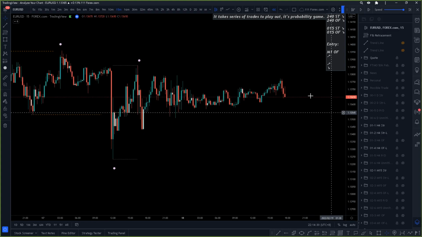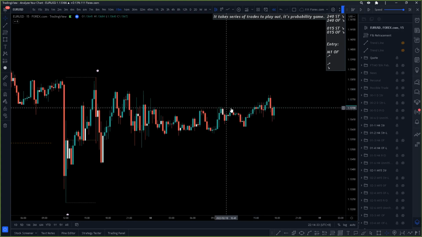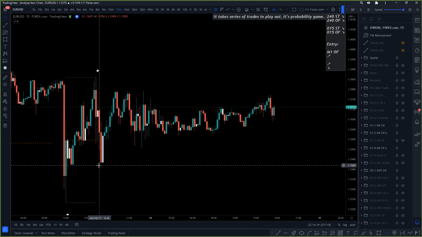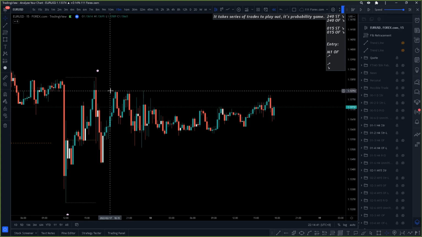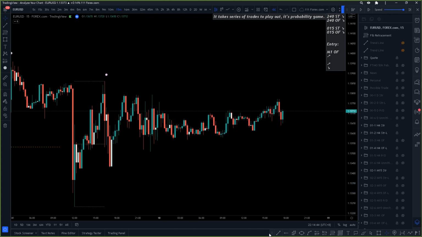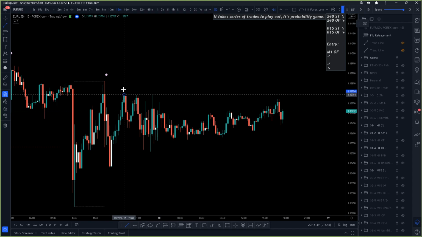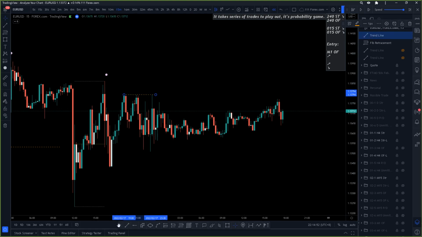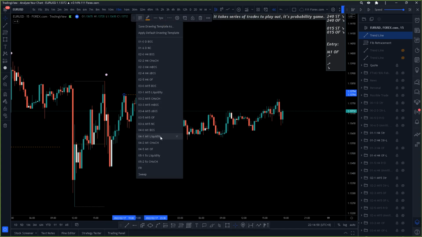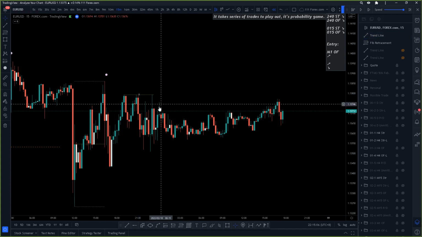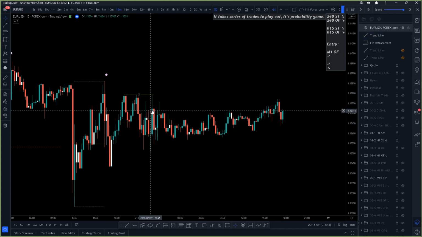So let's make equal. Like it's making an equal. So possibly it's making a liquidity.